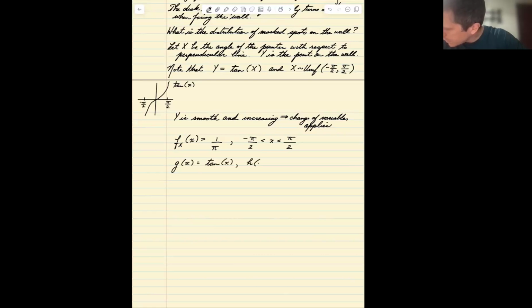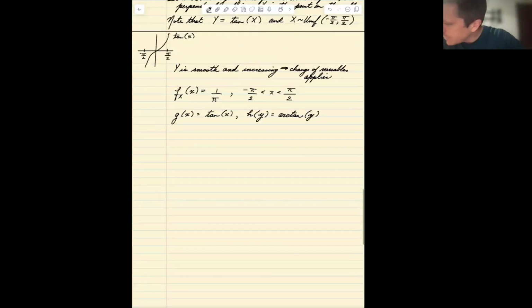The inverse of the transformation is the arctangent, the inverse tangent. And the derivative of the arctangent is 1 over 1 plus y squared.